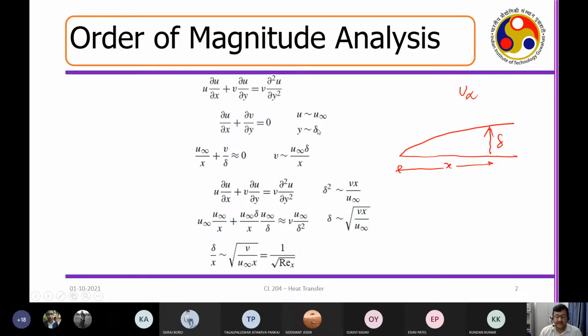So if I replace these order of magnitudes in this equation, u infinity by x, and v by delta, you may see that the velocity v becomes u infinity delta by x. So I get an order of magnitude of v, which is the y directional velocity.